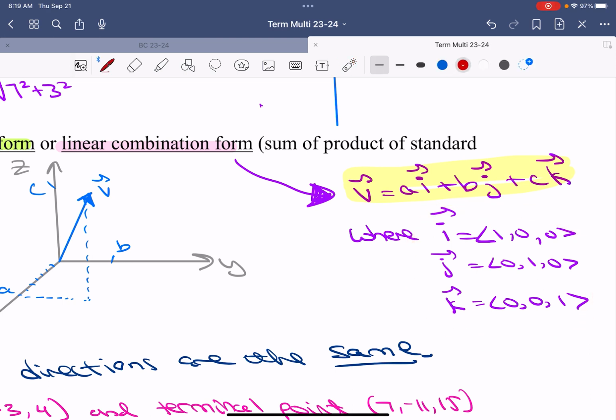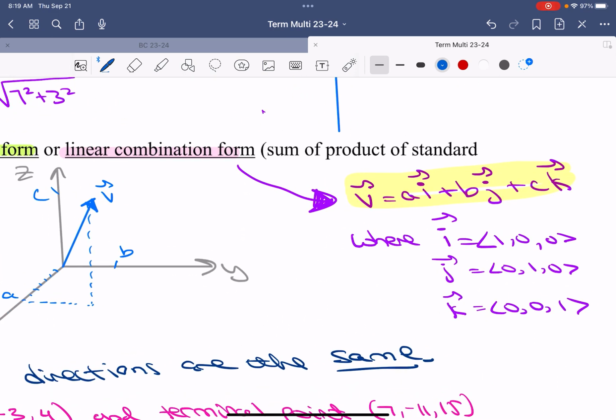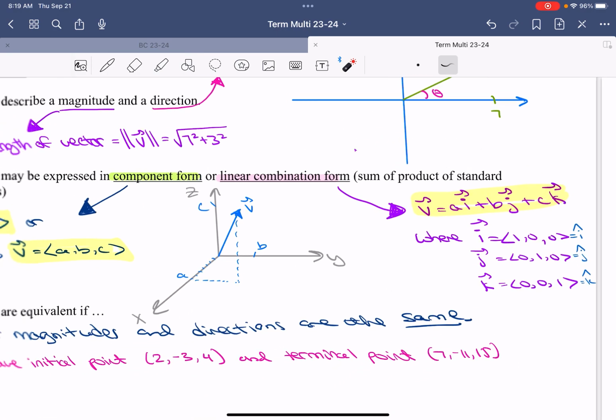I know in physics you may use the notation, instead of vector i, i hat, j hat, and then k hat. I can speak either language. If you want to use those instead of vector i, j, and k, go right ahead. So what is linear combination form?